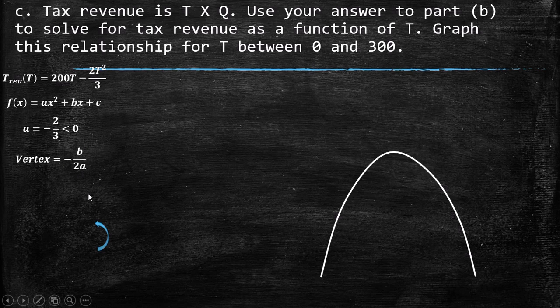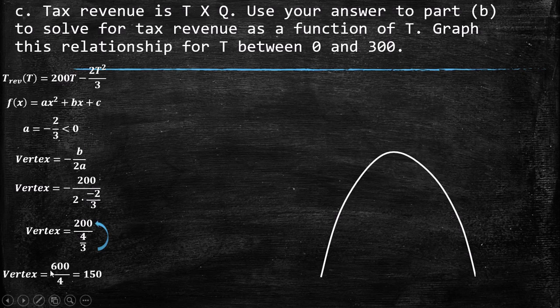Remember, this is going to be the value x. Which is b? B is going to be 200. Which is a? A is minus 2 over 3. So I just multiply: minus times minus is positive, and 3 times 200 is 600, over 4 is going to be 150, which is going to be the value of this.